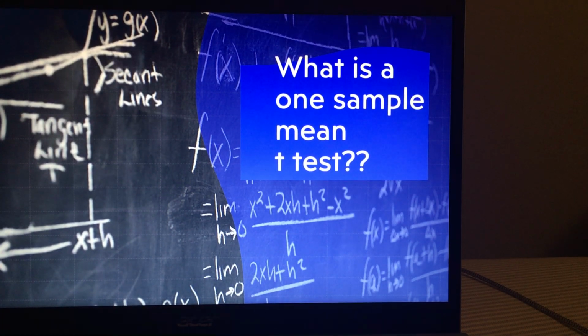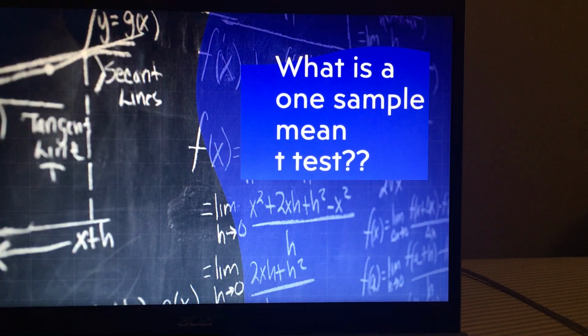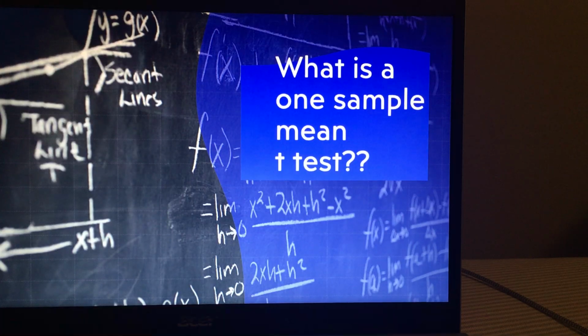So when we have the one sample mean, first we want to ask ourselves, how many measurements do we have? So if we have one measurement, then we would ask ourselves, is the sampling distribution normal? So if it is, then we would ask ourselves, okay, then is the standard deviation known?